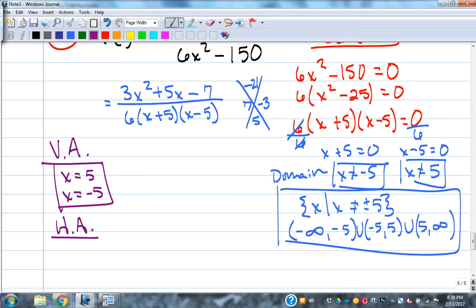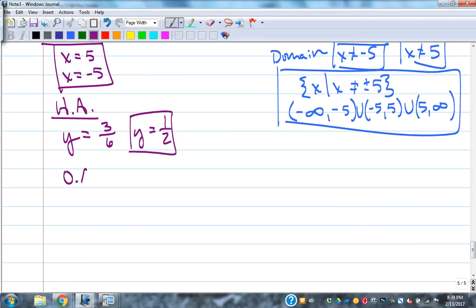Horizontal because the degrees are equal, so that would be at y equals what? 3 over 6, which is y equals 1/2 is what that reduces to be. So that means what about our obliques? There's none. Always write that as just a reassurance that I don't have any obliques. And you could graph that with your calculator if you want to check that out and see what's going on.